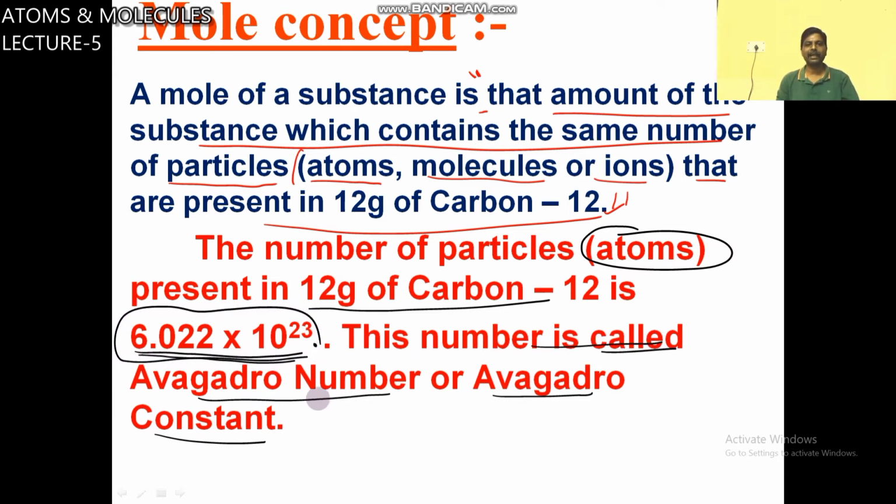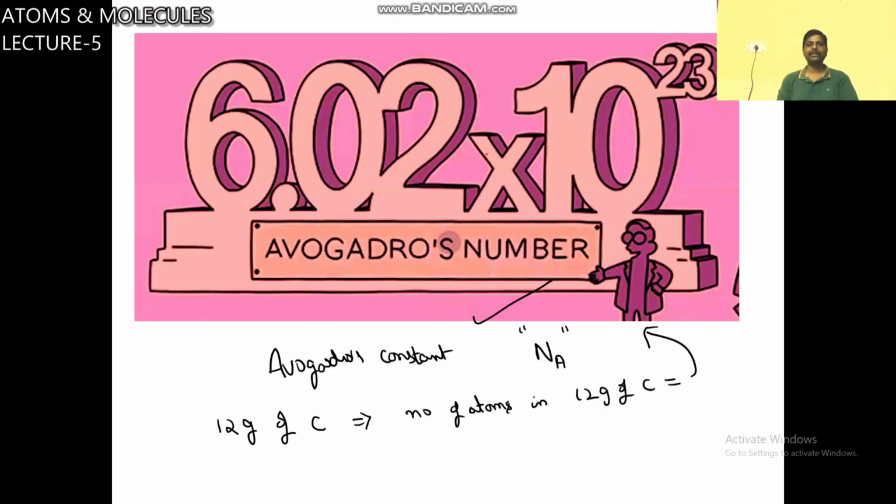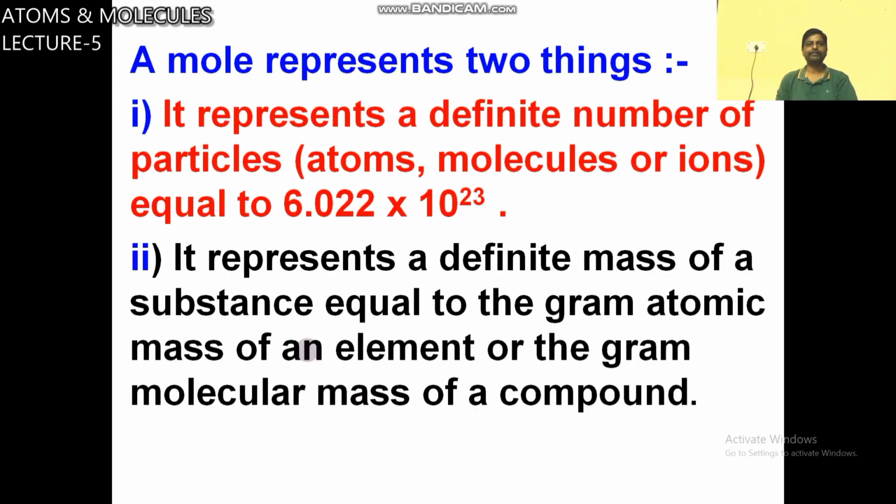This number is called Avogadro number or Avogadro's constant.